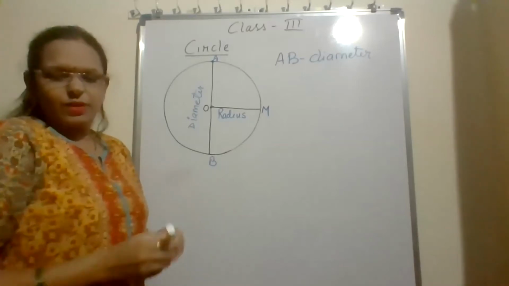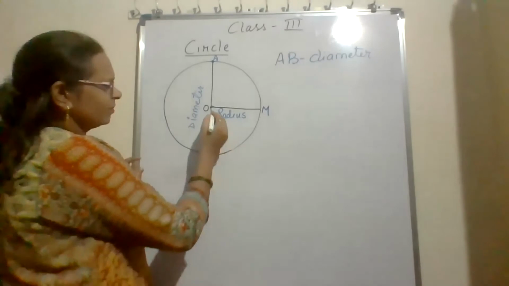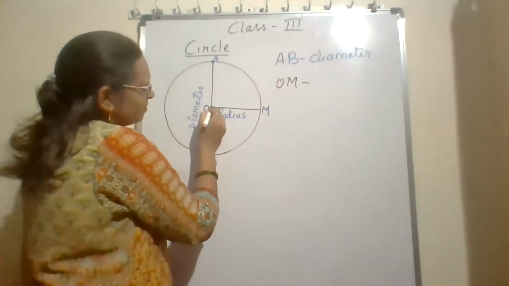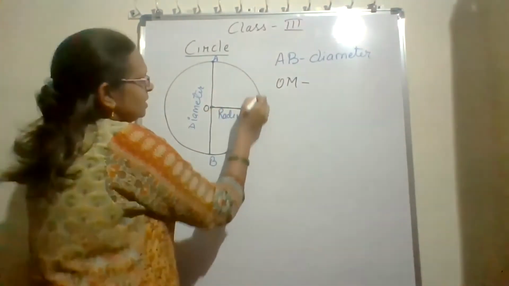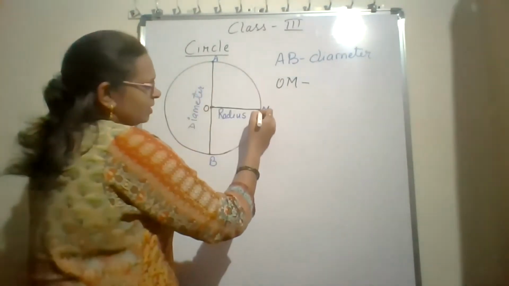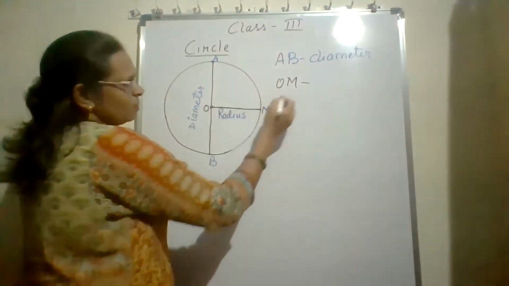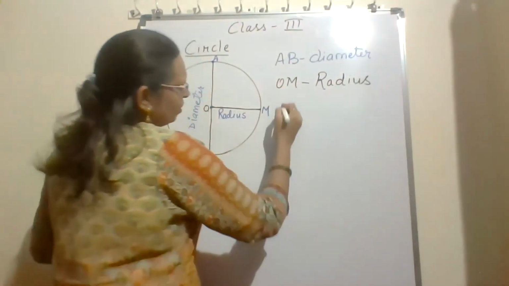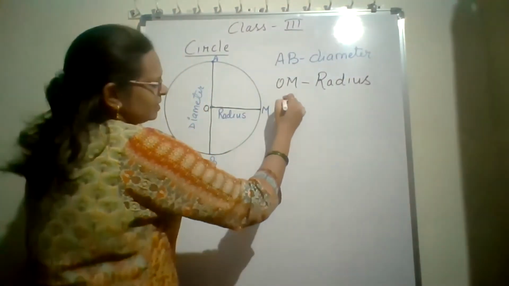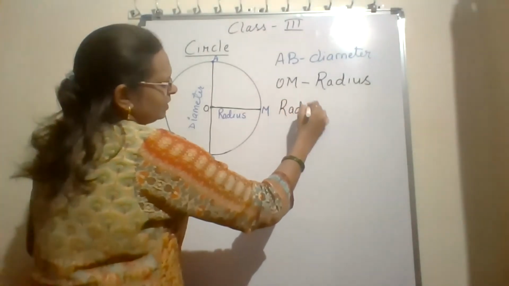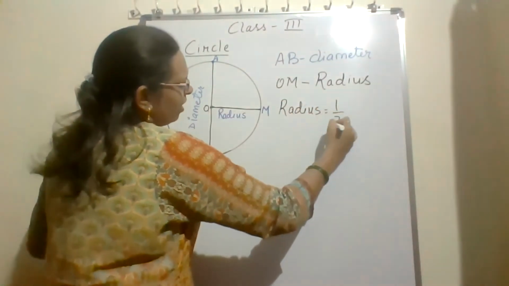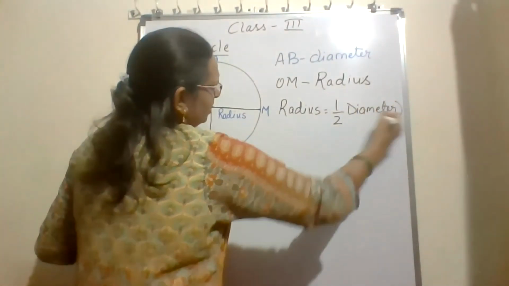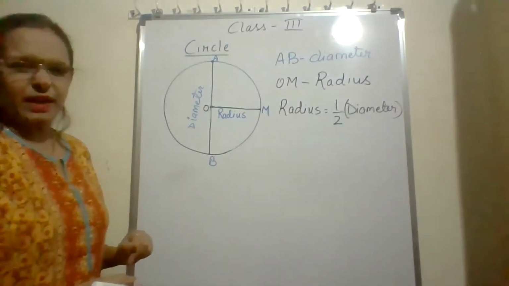Next comes OM. What is this OM? When from the center you reach the edge of the circle, this OM is called the radius. So the radius is half of the diameter.